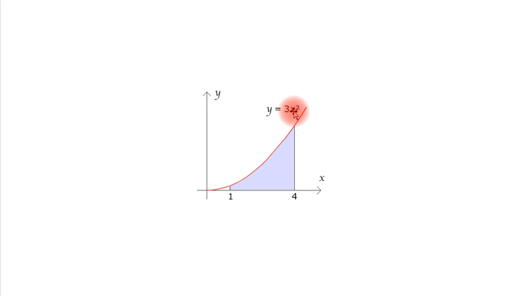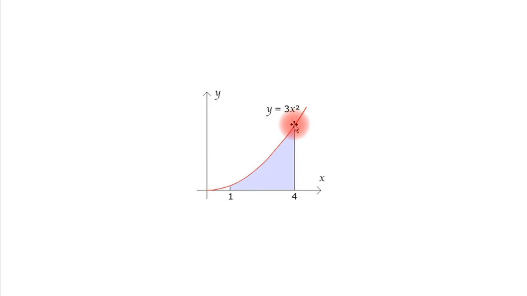When x is equal to 2, 2 square is 4, 4 into 3 is 12, so y is equal to 12. When x is equal to 4, 4 square is 16, into 3 is 48. So y is equal to 48.